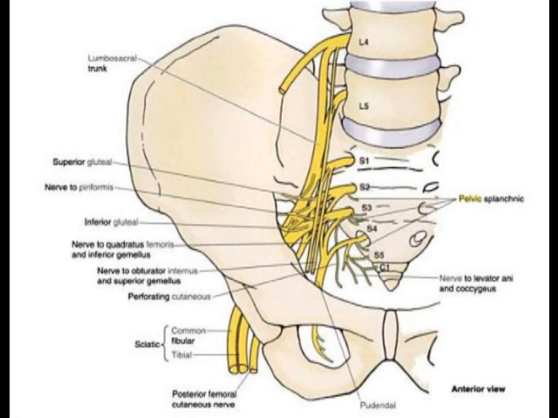Let's see what else. This is the frontal view, anterior view of this pelvis. You can also see in the bottom left there, right next to the posterior femoral cutaneous nerve, the sciatic nerve, which supplies the entire leg.